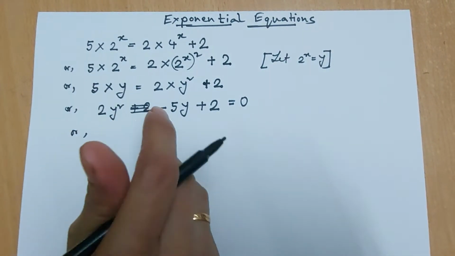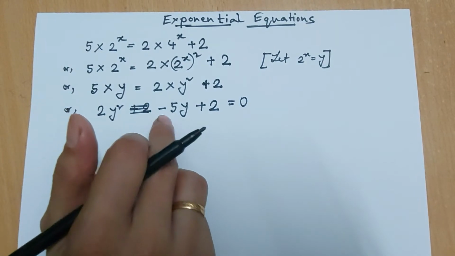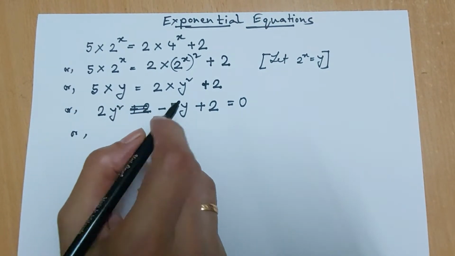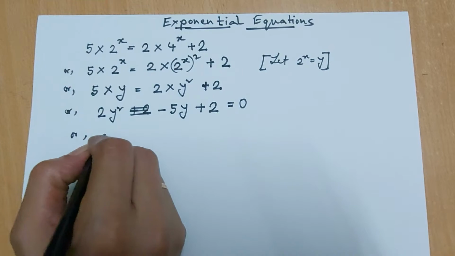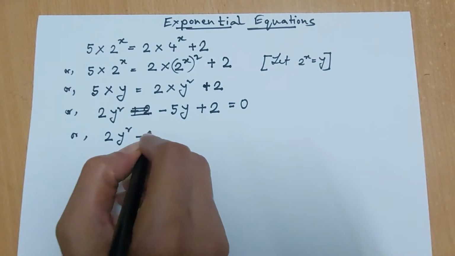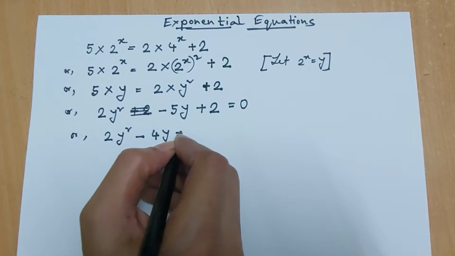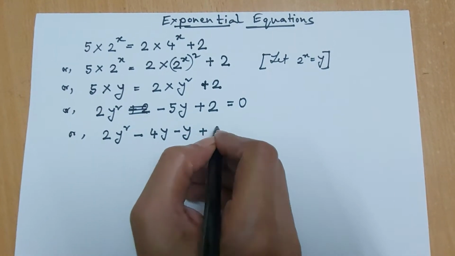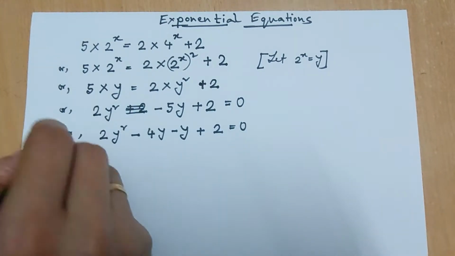Now I factorize the middle one, so it will be 2y square minus 4y minus y plus 2 equal to 0.